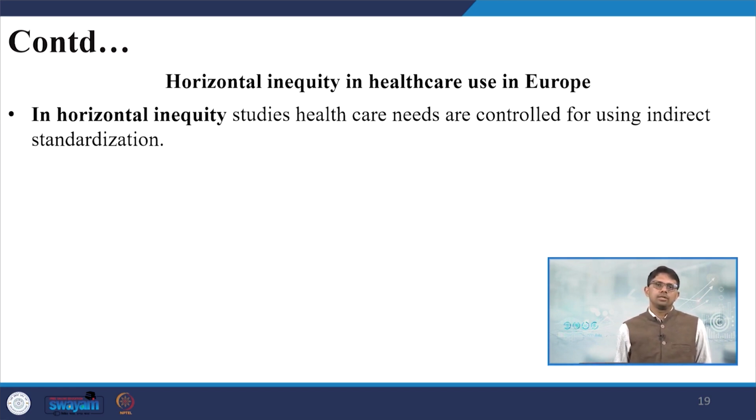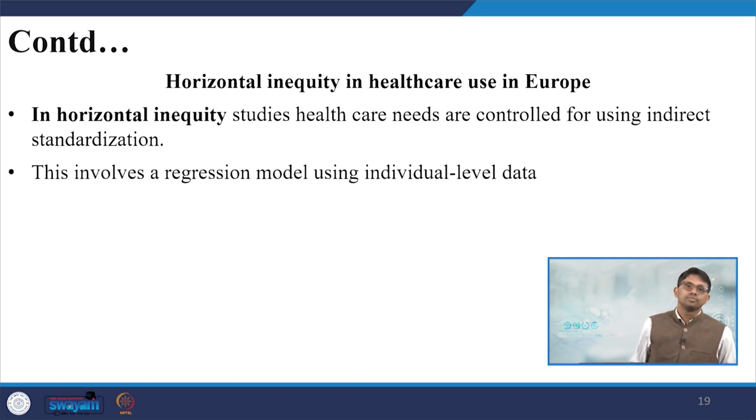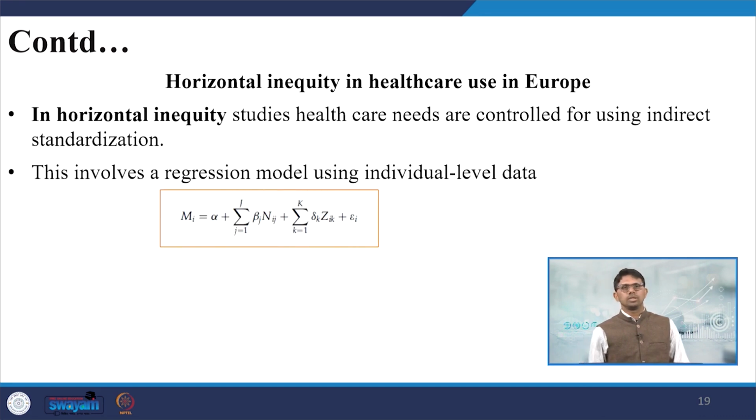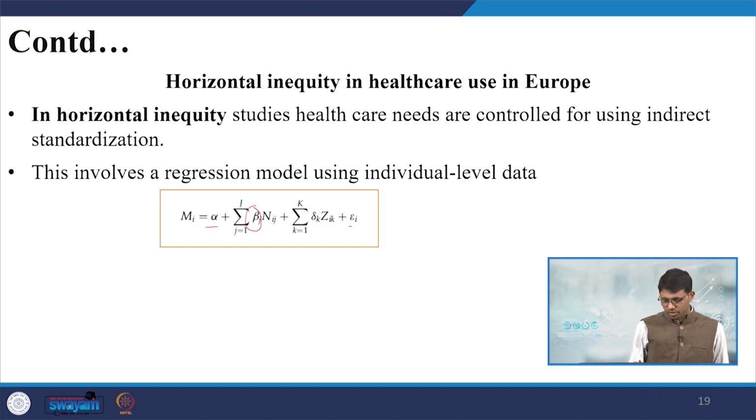The findings are on the healthcare needs, and also standardized. In horizontal inequity studies, healthcare needs are controlled for using indirect standardization. This involves a regression model using individual level data. So, this is the regression model, which takes the need variables as well as non-need variables, with beta coefficients, a constant term, and the error term.